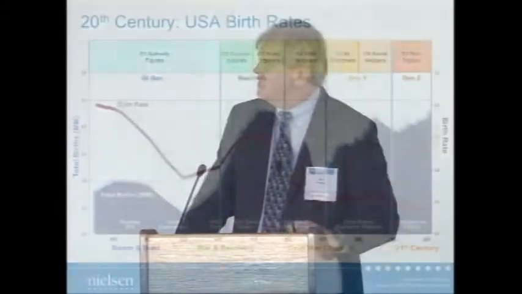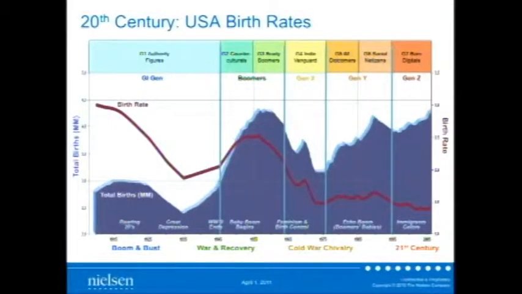And as you can see here, the birth rates have obviously gone down quite a bit over the years, and that's what we continue to see as a trend, at least at this point in time. At the same time, you see the actual population within each of the different groups being rather fragmented in terms of the number of people that have been born during that period of time.